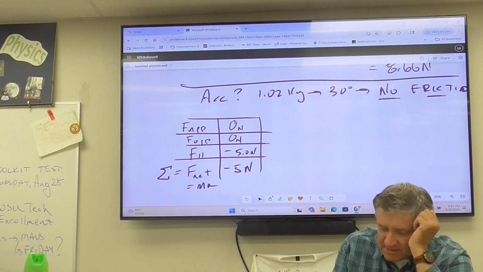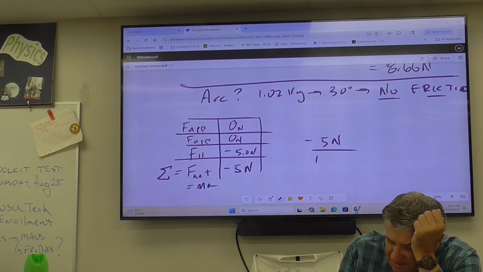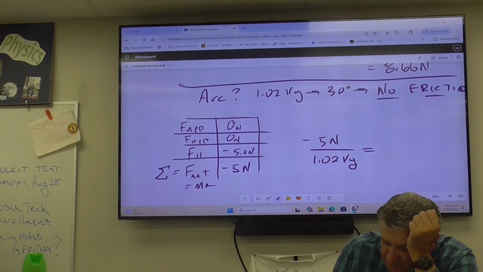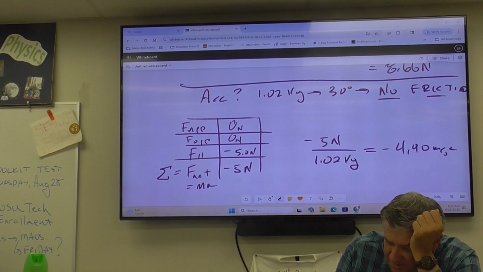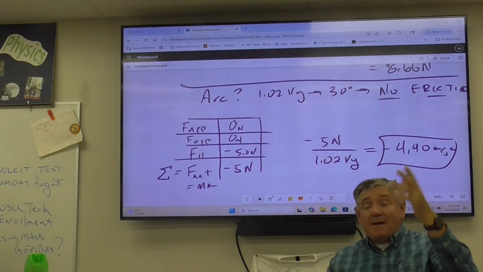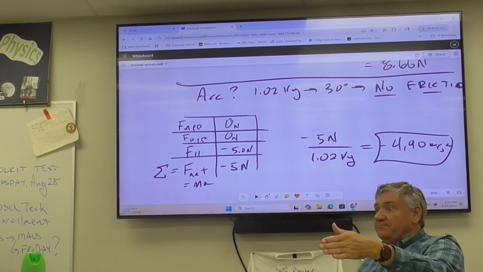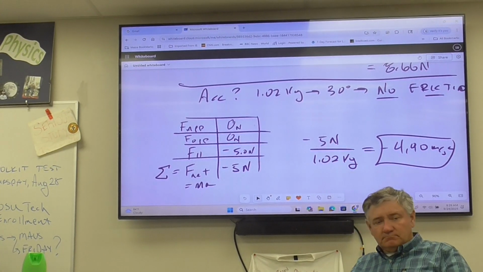So now to get my acceleration, somebody take -5 newtons and divide that by 1.02 kilograms. Negative 4.9. -4.90 meters per second squared. That matches, right? We said it was going to be somewhere between 0 and -9.8. We're at -4.9. Cool.